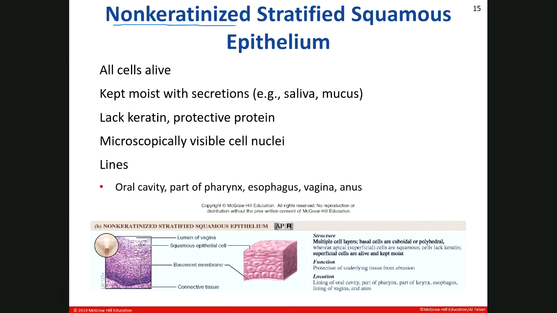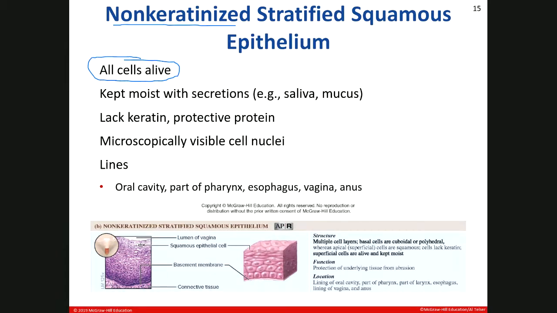But unfortunately, when it makes this protein, it kills itself, because it fills up the inside of the cell with this protein. Well, there's no room for the nucleus of the cell, which is the control center, so it kills that off, and then it'll kill off some of the cell organelles. When that happens, the cell's dead. We'll go into that in more detail, but just know that. So that's why this statement says all the cells are alive, because it's non-keratinized.